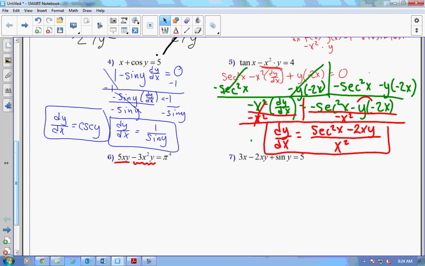You can factor out, if they both have dy dx's, then that would become 5x minus 3x squared factored out of dy dx. Okay. And then you can just divide that piece away. I think that's the easiest move. Okay, awesome.